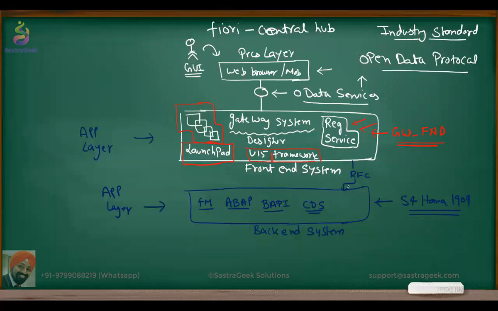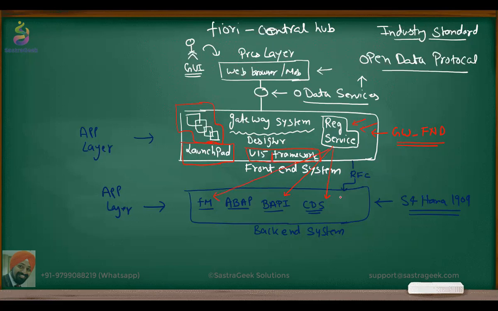What happens is, when the data service which is registered here is called, this service through RFC calls your BAPIs from here. Or if we need to approach a CDS view or any functional modules, they will be called from here.